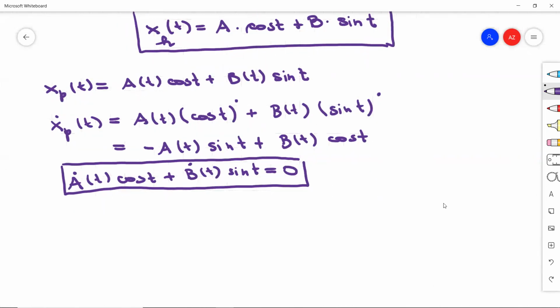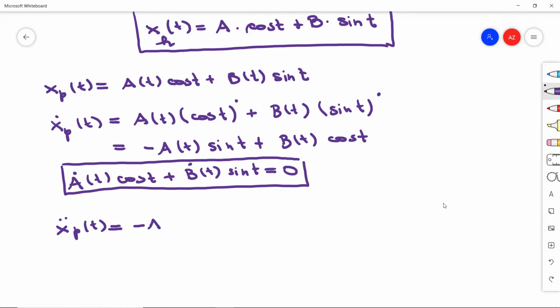And from now on, everything will be only computation. From now on, we will determine a and b explicitly. So we take the second derivative of the particular solution. Now we really get 4 terms again.